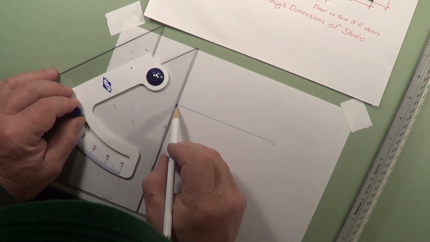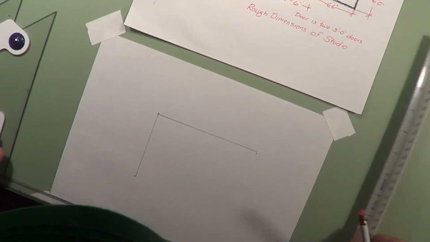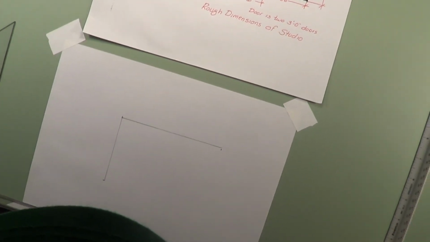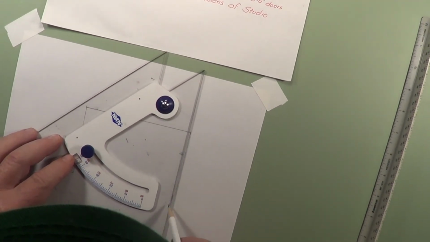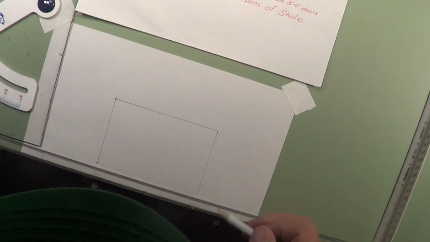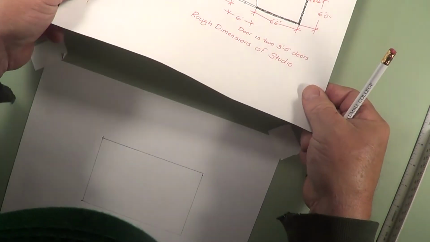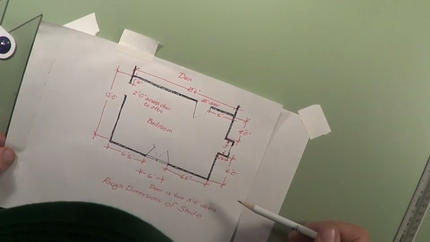So then I can draw a line down here. That corresponds to the north wall. Now if I go ahead and draw a line down from this point and draw a line across from this point, I now have a rectangle that is 12 by 18'6", which corresponds to the outside dimensions of my room minus the dormer.